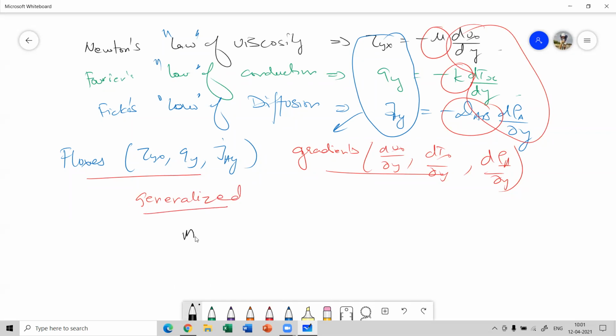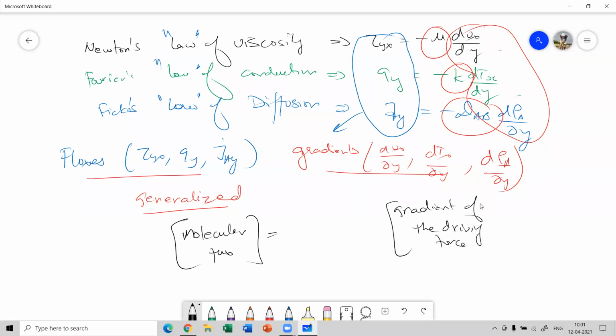That is, we can say that molecular flux is nothing but the gradient of the driving force. That is, the velocity is the driving force in the Newton law, temperature difference is the driving force in the Fourier's law of conduction, and the concentration difference is the driving force for the diffusion to occur.